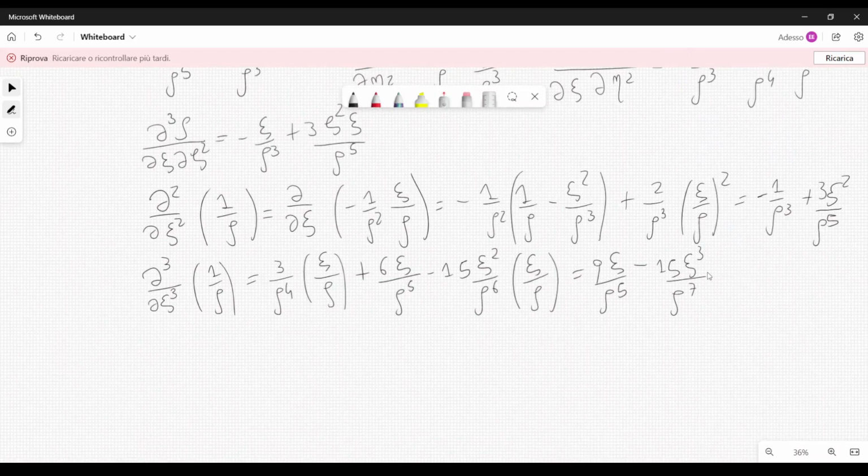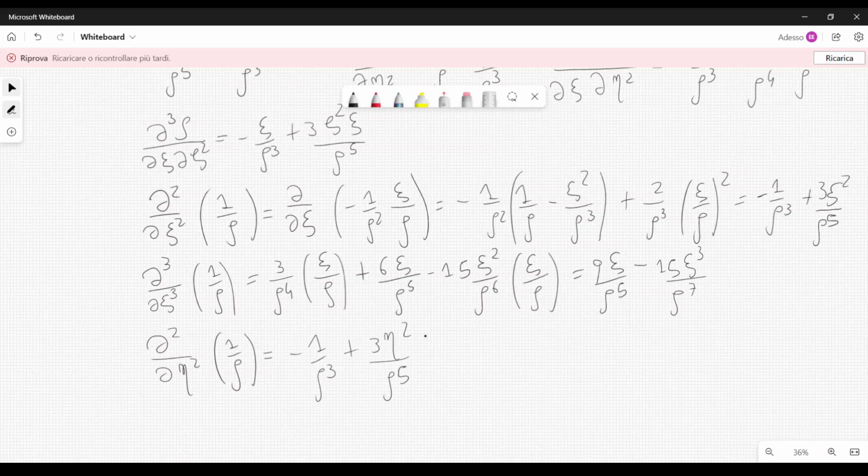Then let's also write the second derivative with respect to eta squared of 1 over rho. This is minus 1 over rho cubed plus 3 eta squared over rho to the 5th power. And you can easily find the expression from this one.